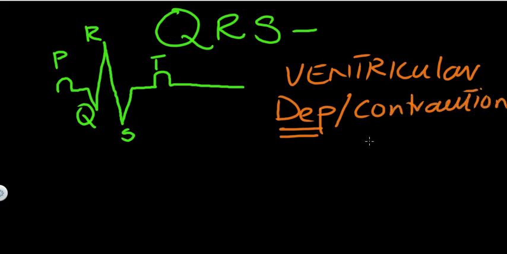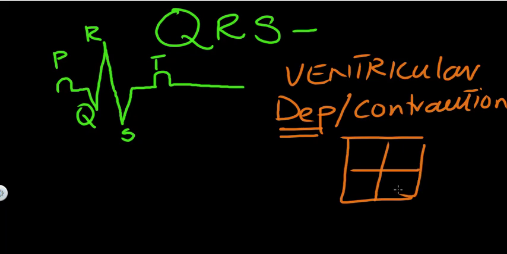As you all know, four-chamber heart story, that we have four chambers. So we are going to be talking more and more about the lower half or the ventricles. This one is your right side and left side. So QRS complex is basically the depolarization of the ventricle or the contraction of the ventricles.